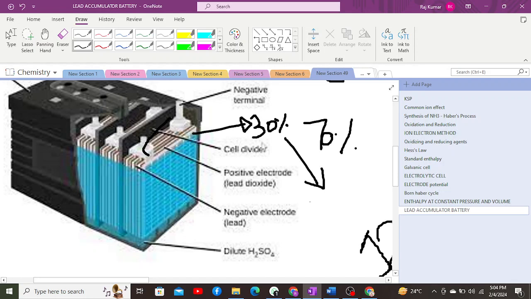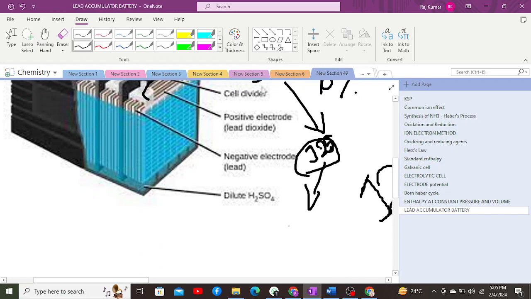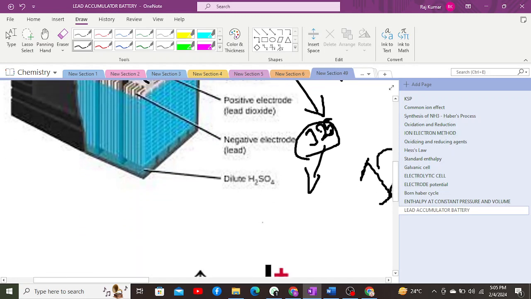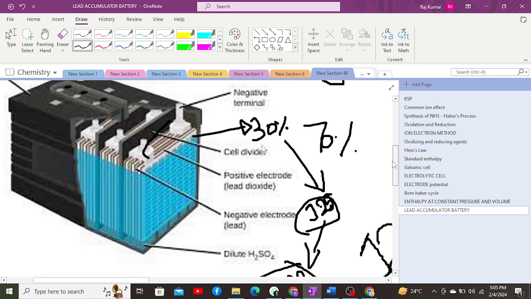Its density is 1.25 gram per centimeter cube, its specific gravity is also 1.25, and its concentration is 3.2 mole per decimeter cube. These are some important factors.